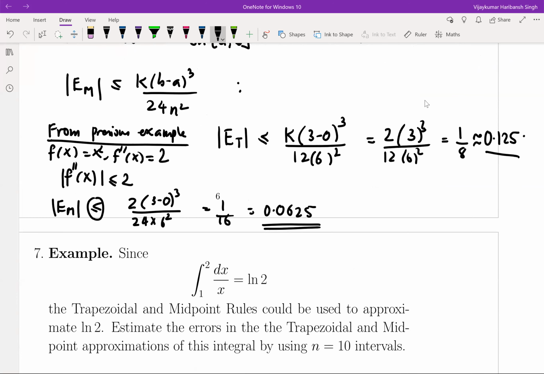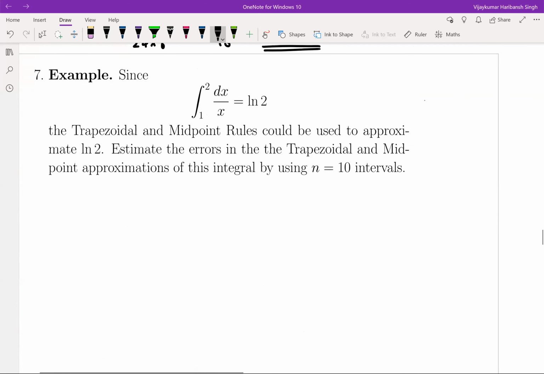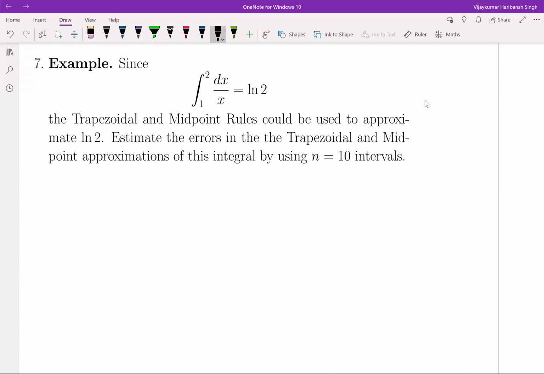Okay, so let's do an example now. We have the integral from 1 to 2 of dx over x, which is ln 2. So trapezoid rule and midpoint rule can be used to approximate this. Estimate the error in trapezoid rule and midpoint approximation of this integral by using n equals 10 intervals.